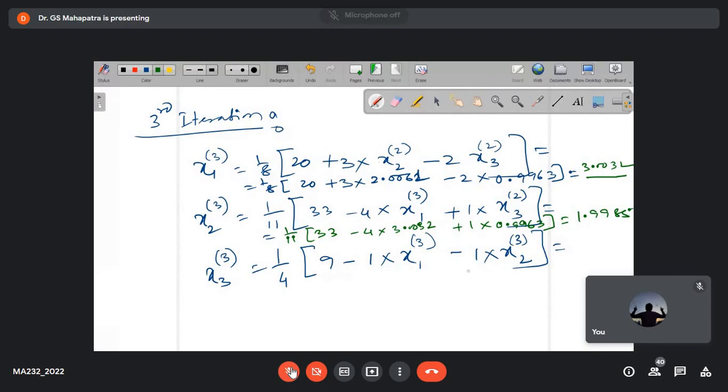Very good, fine. And now this one, 1 by 4, 9 minus 1 into x13. You just see this underlined one, 3.0032, not like the other one. Now earlier one, 1 into x2, x23. So this one, 1.9985. What is the answer?